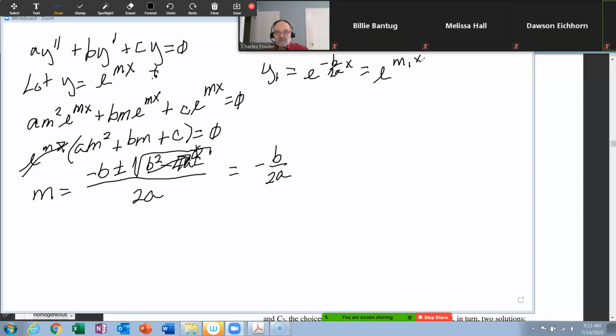Now, if we are looking for the second solution from that reduction of order, remember we said that y2 is equal to y1, which is exactly this thing, times the integral of e to the minus, now what was that? That was your b. So we might want to get that back in here.